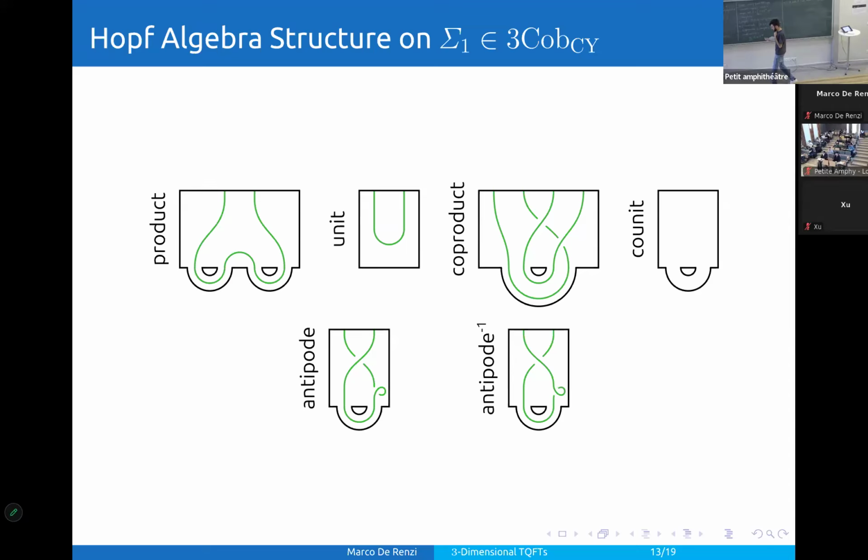Since our goal is to define a braided monoidal functor from a category which is monoidally generated by an object, which is a Hopf algebra, one could try to map this category directly into vector spaces by sending the object to a Hopf algebra, maybe looking for the conditions that this Hopf algebra in vector spaces should satisfy.